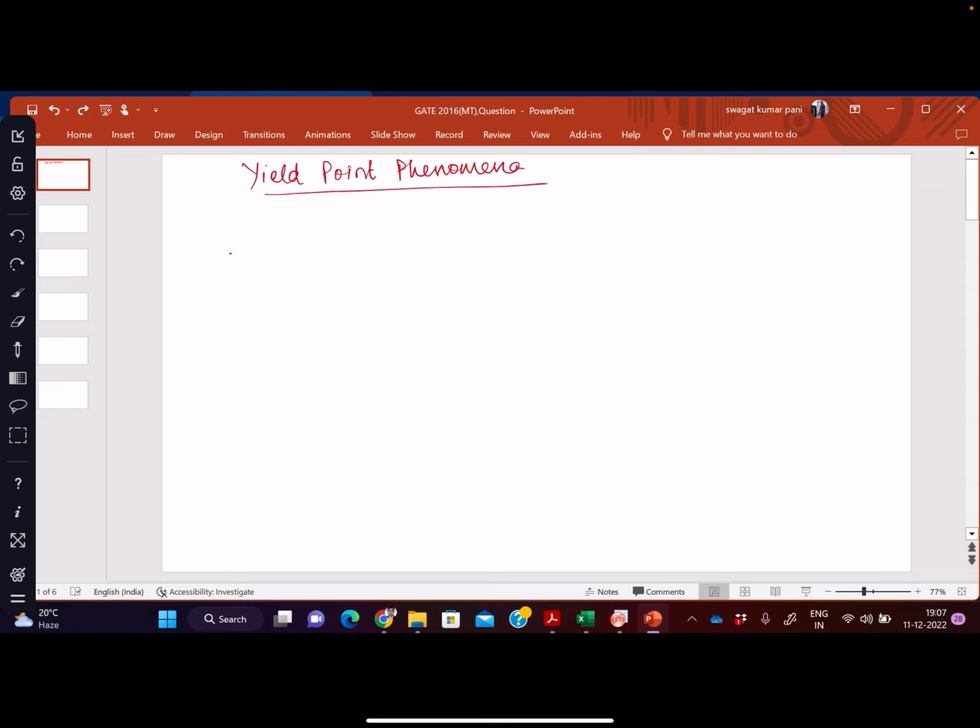So as I was discussing, when we do a tensile test for a mild steel, we get this kind of curve. This is the upper yield point. This is the lower yield point.